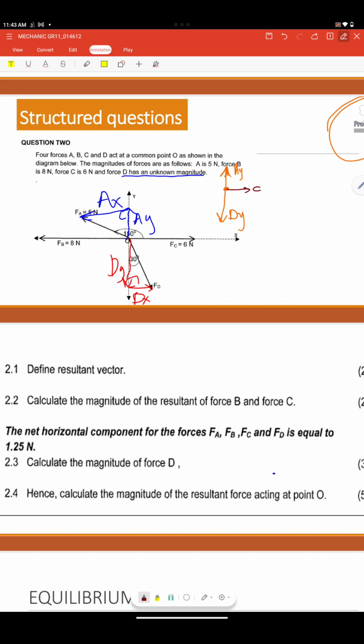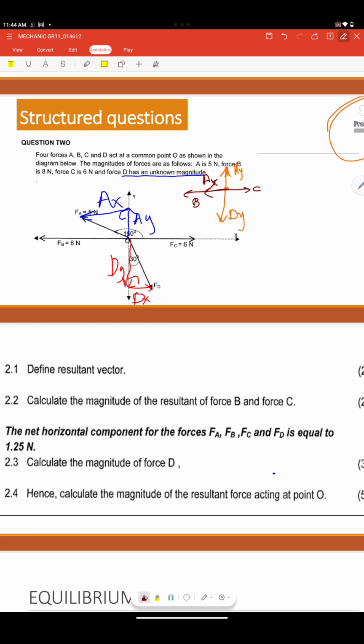So this is C. I also have B pointing towards the left. That is my B. And finally, I have AX. So this is AX. Oh, sorry, AX. So we can clearly see from the diagram that the orange vectors, they are collinear, and the maroon ones, they are collinear.